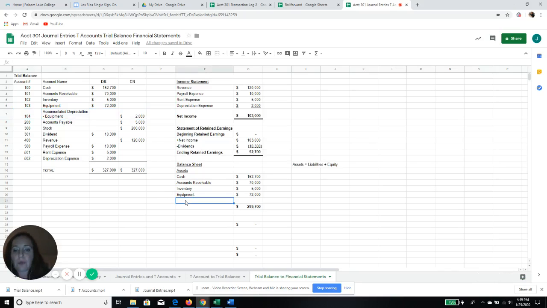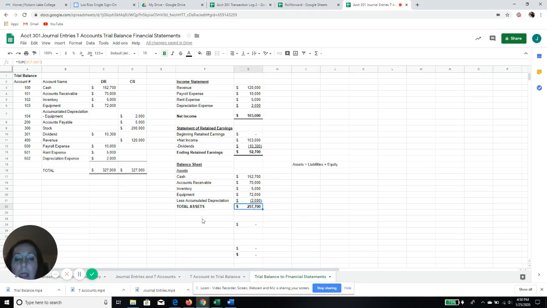So I'm going to write down here less accumulated depreciation, and I'm going to list this number as a negative because it's a credit balance sitting in the asset section of the balance sheet. Then I'm going to type in total assets. I already had a formula in here that added them up. My total assets are $297,700.